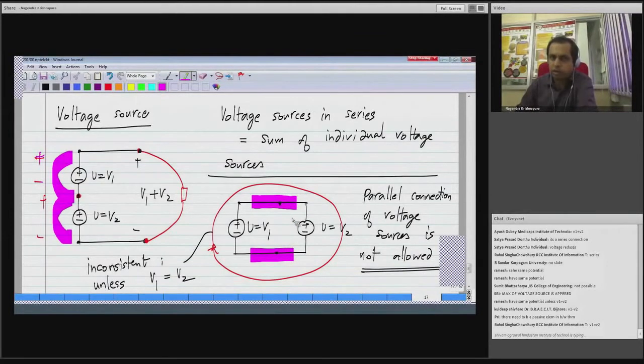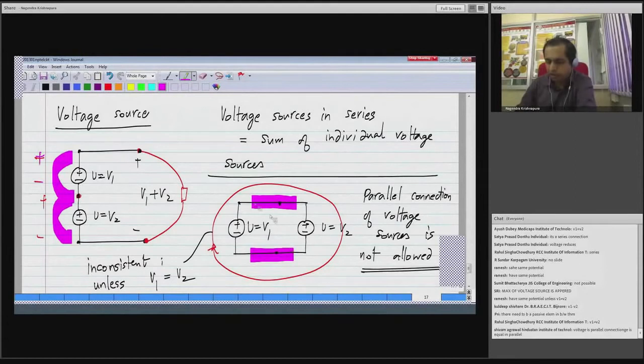If V1 minus V2 is not zero across zero resistance, the current has to be infinite. In practice, if you connect two power supplies of unequal voltages in parallel, a very large current will tend to flow and possibly damage the power supplies.